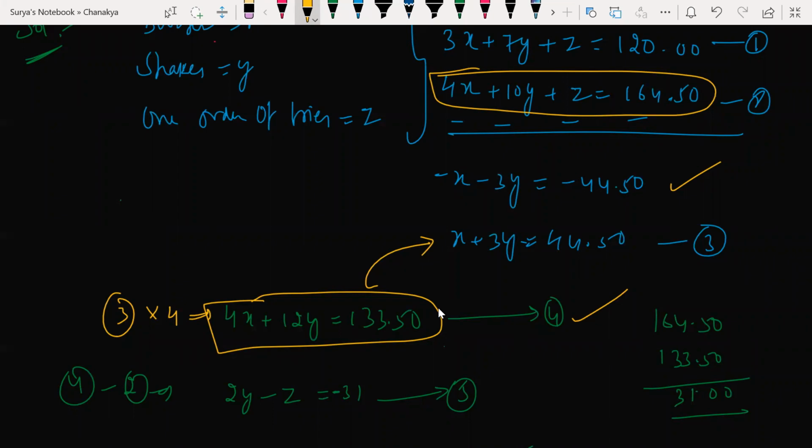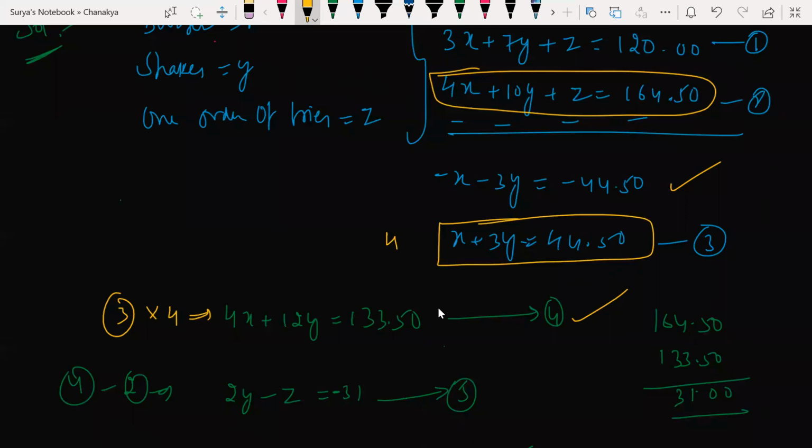No, sir, I'm saying multiply the third equation with 3, not 4, with 3. Why should I? I have 4x, right? I should multiply with 4 only, right?